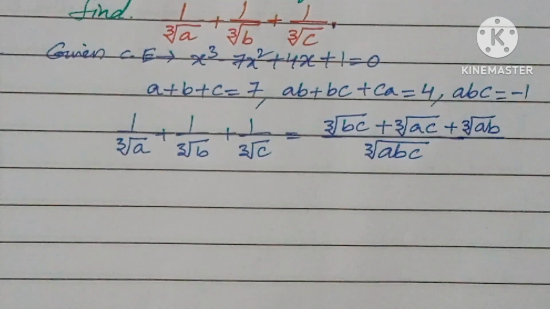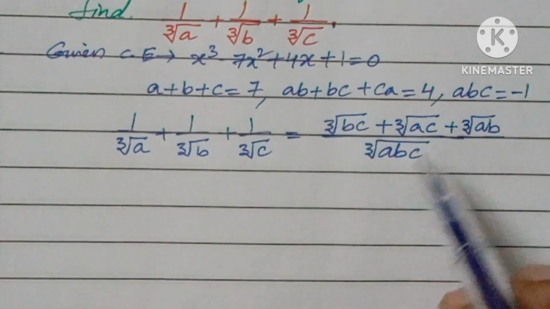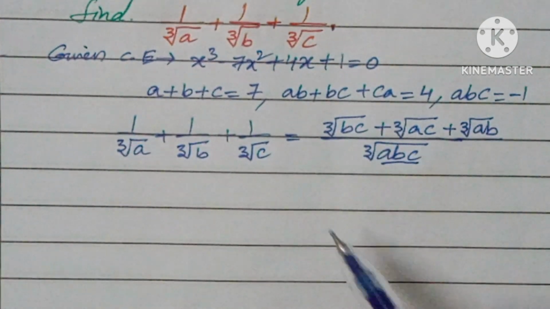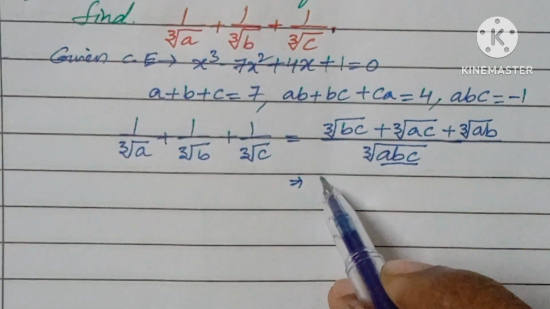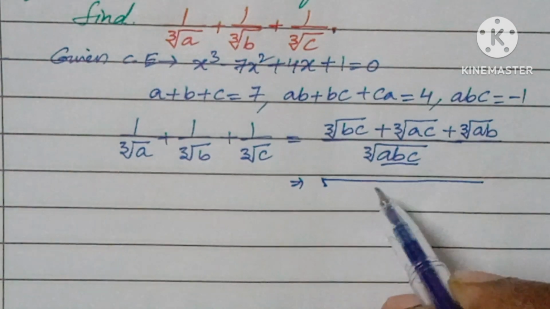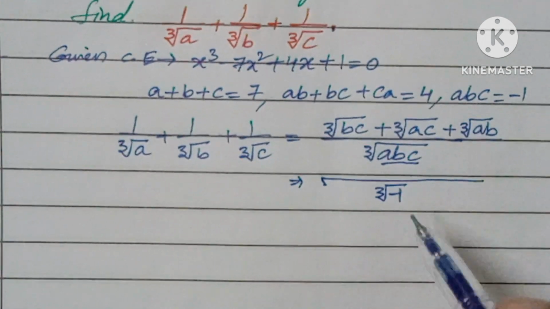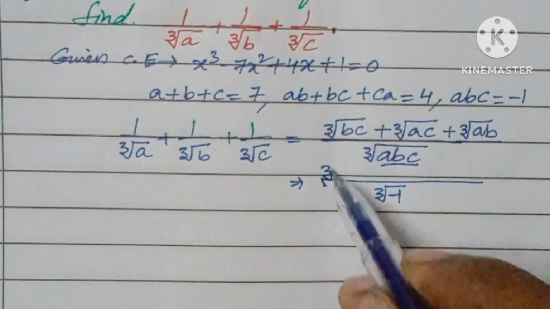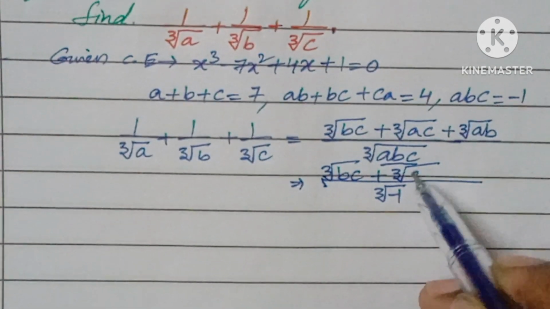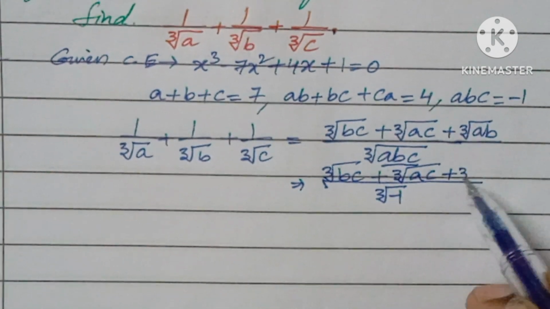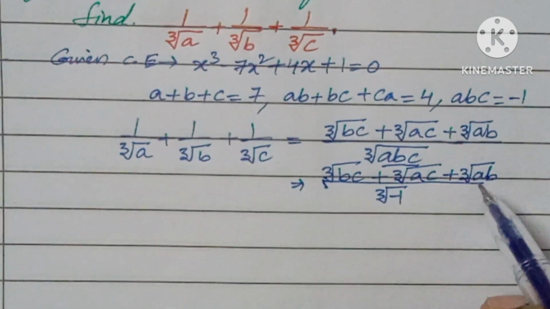So already you know the value of ABC, so here we will substitute the value of ABC here: cube root of minus 1, cube root of BC plus cube root of AC plus cube root of AB.